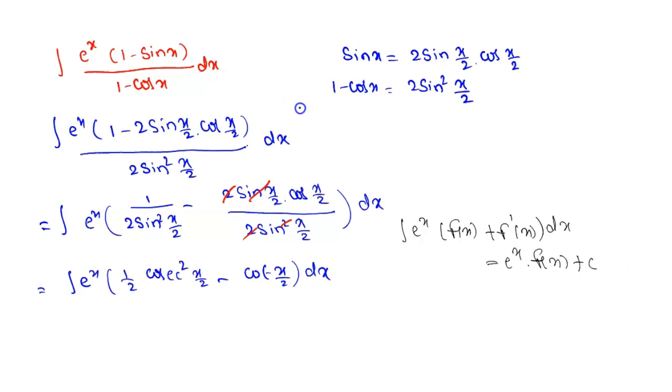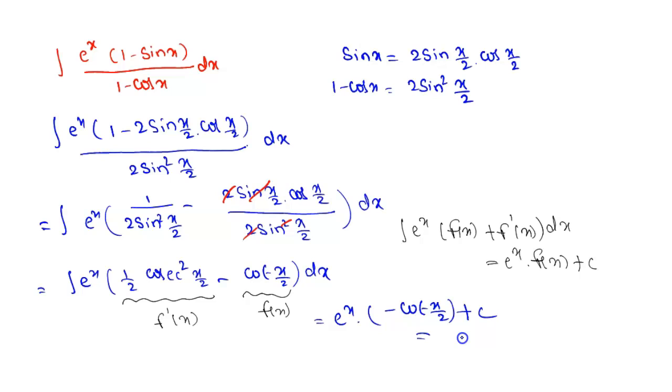So here, if you take the function minus cot x by 2 as f of x, then 1 by 2 into cosecant square x by 2 goes to f dash of x. So here our answer will be e power x into minus cot x by 2 plus c. This is the answer for this question, right?